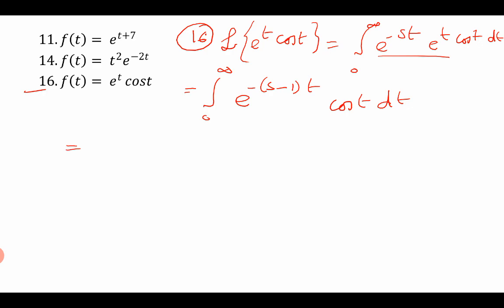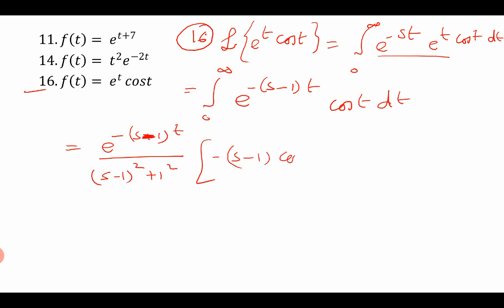You remember this, so I'm just writing the answer directly: e raised to minus (s minus 1) t divided by (s minus 1) whole square plus 1 square, times minus (s minus 1) cosine t plus, b is 1, then sin t, for this entire term from 0 to infinity.